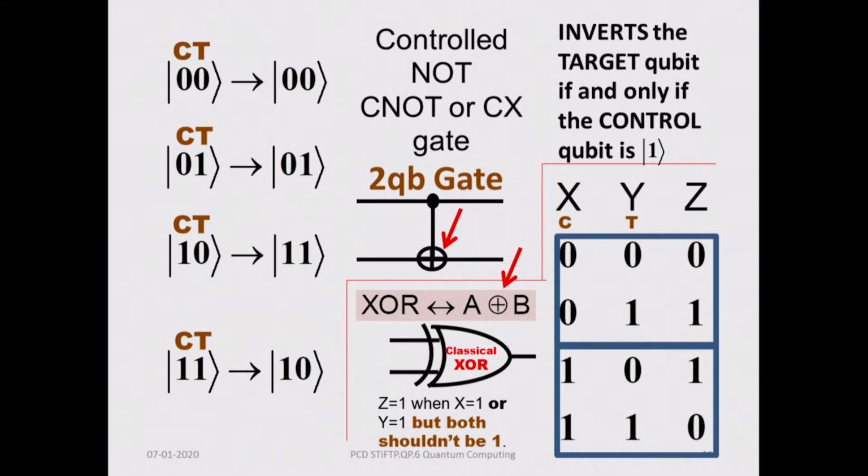So, essentially you notice that the control NOT representation is pretty much the same as the exclusive OR so far as the truth table is concerned, and you can therefore borrow this terminology from the classical XOR gate and use it over here to represent the 2 qubit gate, which is why this XOR representation is used over here on the 2 qubit gate. That is the symbol which is used because of its correspondence.